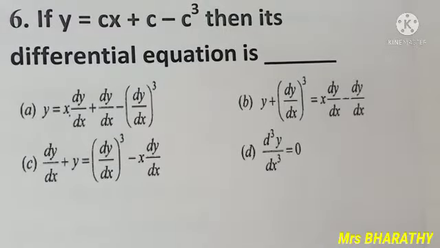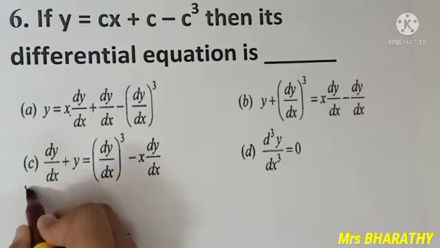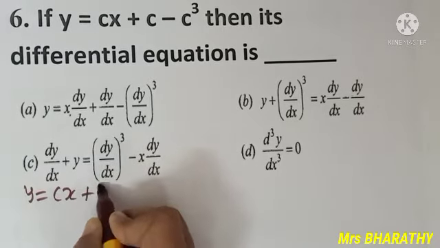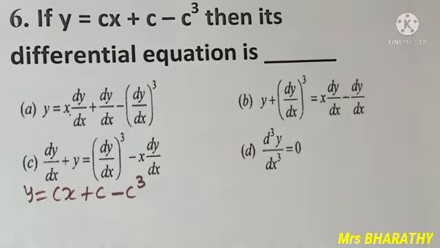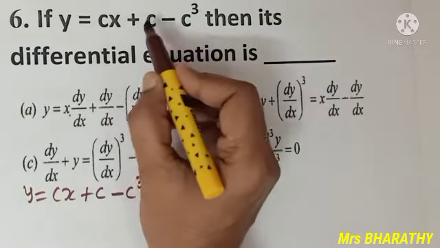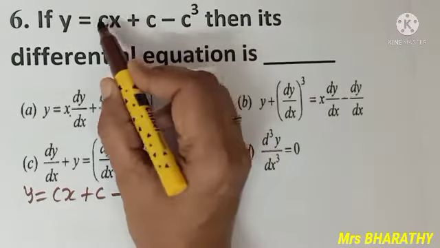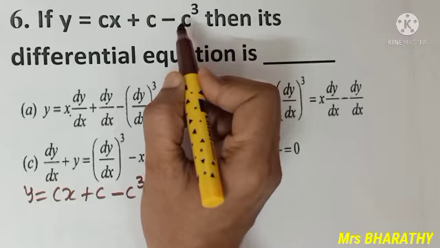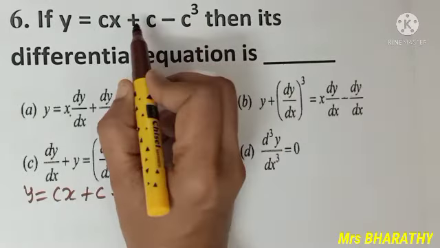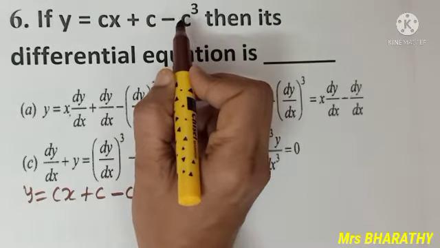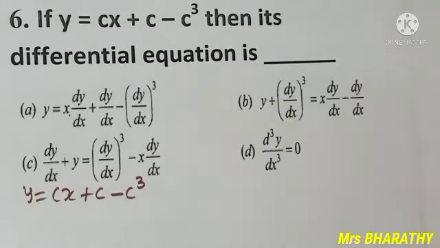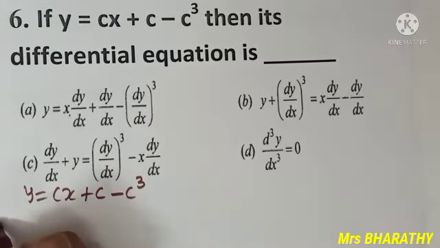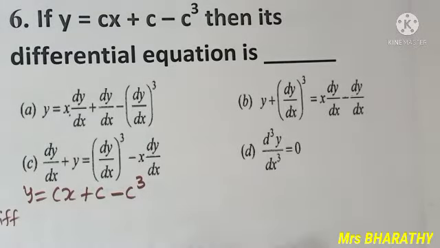Question number 6. If y is equal to cx plus c minus c cube, then its differential equation. C cube all amount to the same constant c. So there is a single constant c which needs to be identified. Let us differentiate one time since there is one constant.